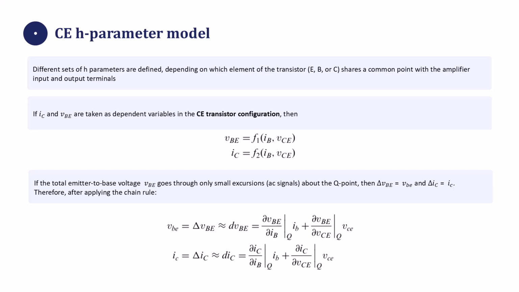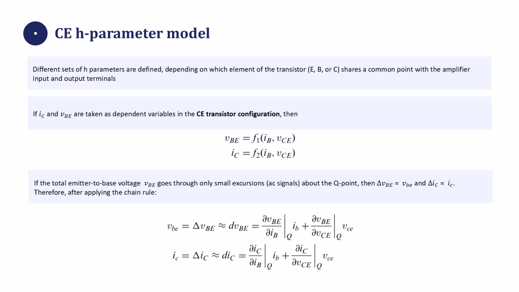In the amplifier configuration, there are different ways to define a set of h parameters depending on which transistor terminal, emitter, base or collector, is shared between the input and output of the amplifier. We are going to use the common emitter configuration.